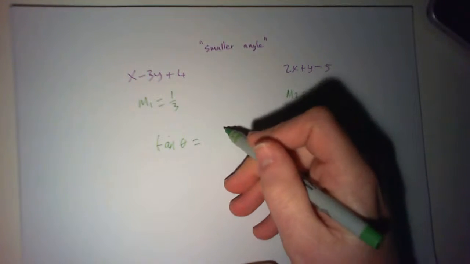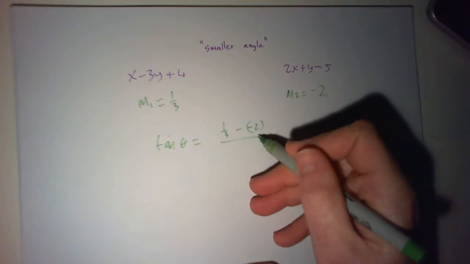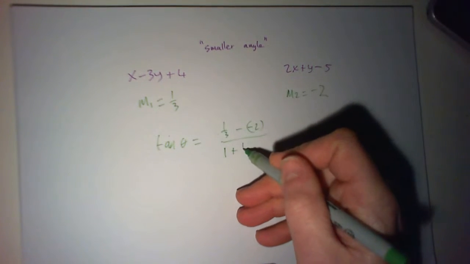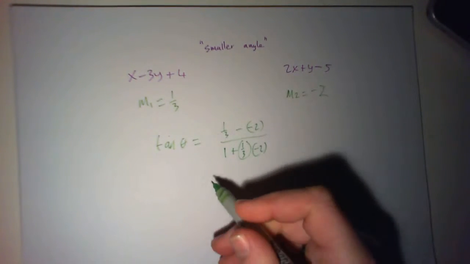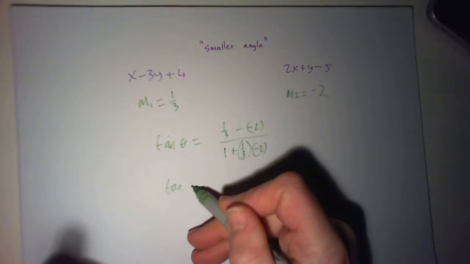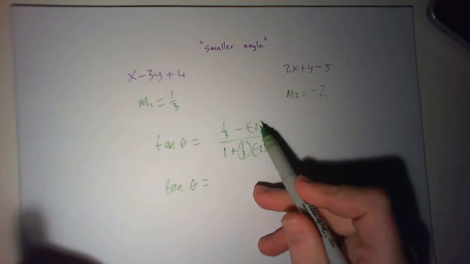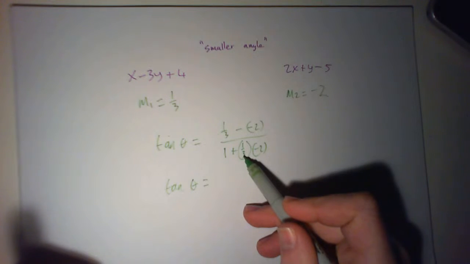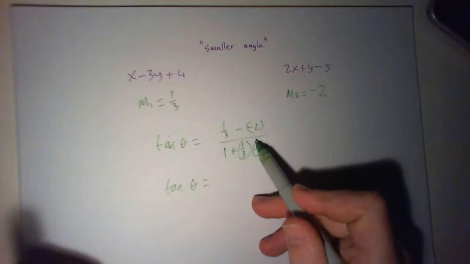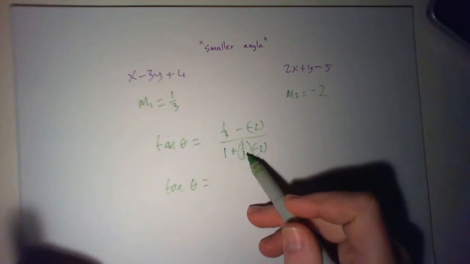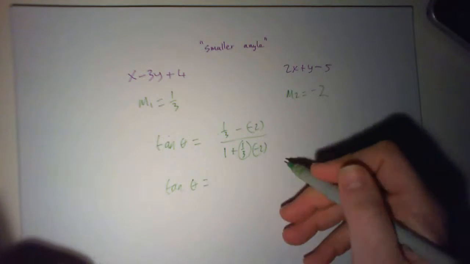What are we doing? A third minus 2 over 1 plus the third times minus 2. So the tan of theta is going to be 2/3 over 1/3, which is 21 over 3, which is 7.